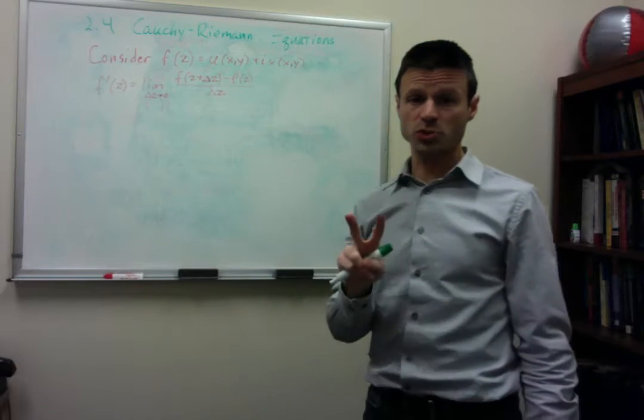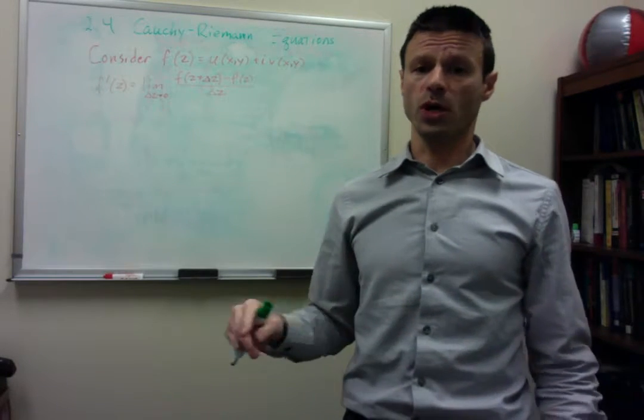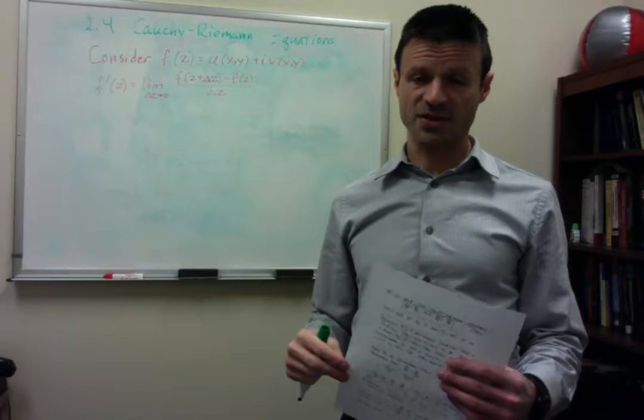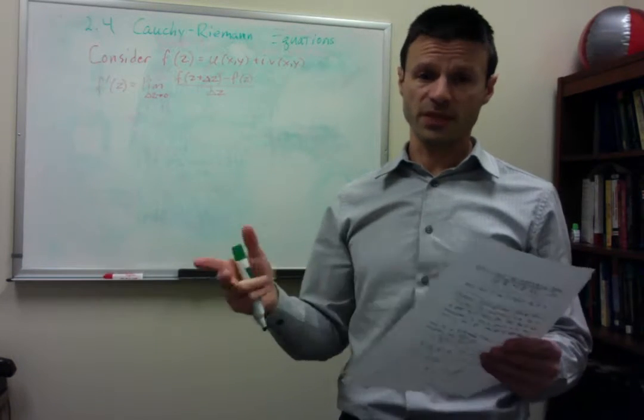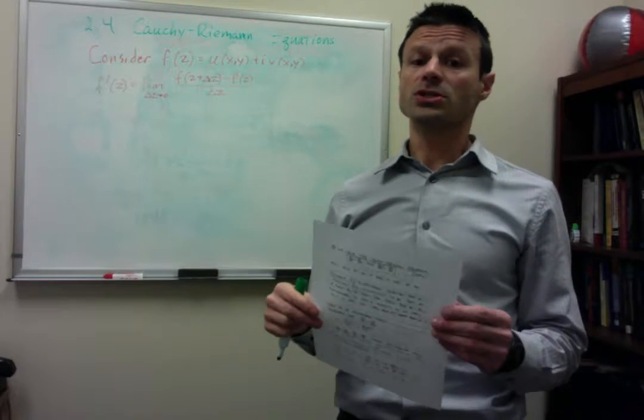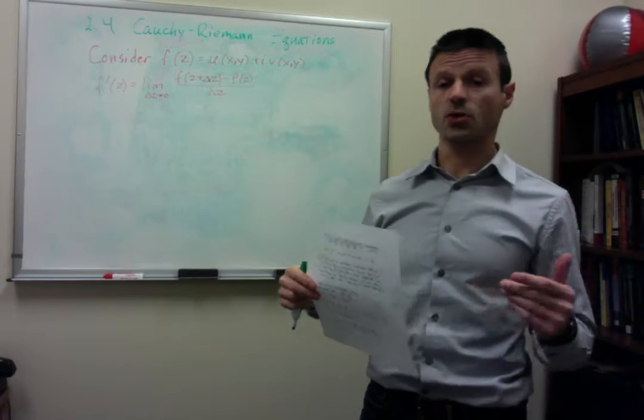We're going to choose two specific paths, one being a horizontal path and another being a vertical path. From that, we're going to be able to derive the Cauchy-Riemann equations. So the first path we're going to take is horizontal.